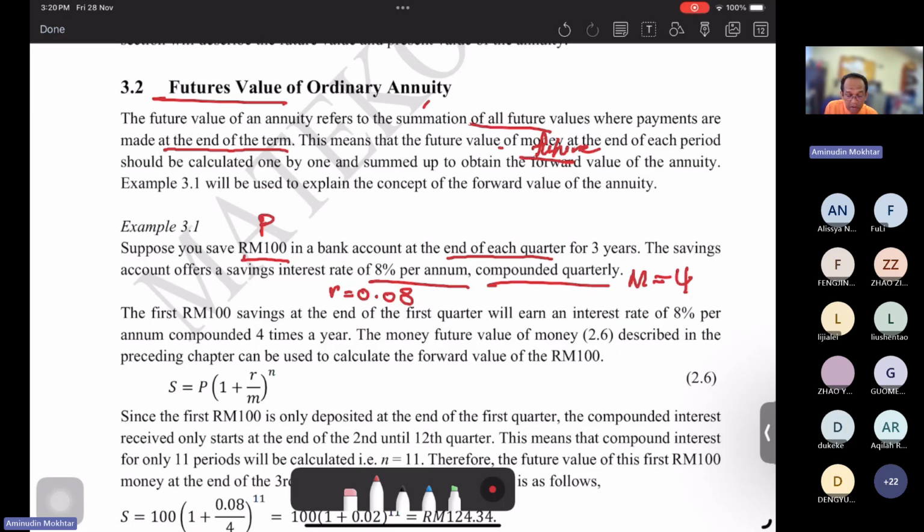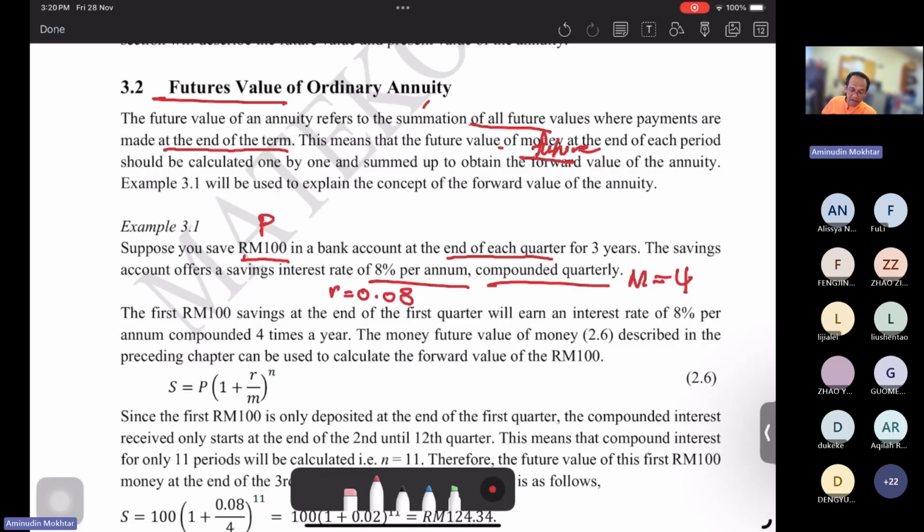Please remember that in this case, we assume that every quarter you will save your money. So now we focus first on the first 100.